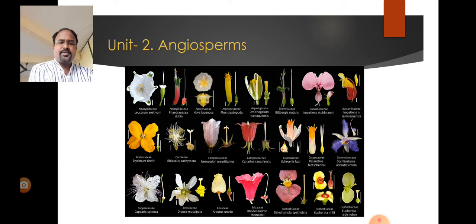Then the second subunit is nothing but taxonomy in relation to anatomy. Taxonomy is a dynamic science, and the duty of a taxonomist is never ending, we all know that. But many times people describe a new species based on morphological characters.